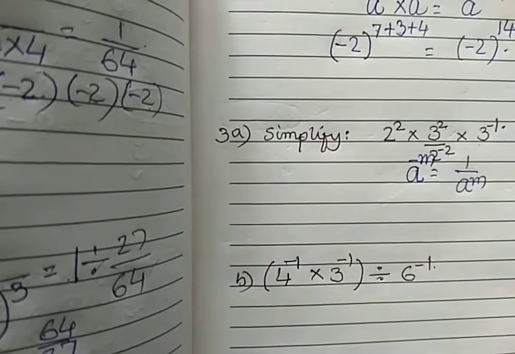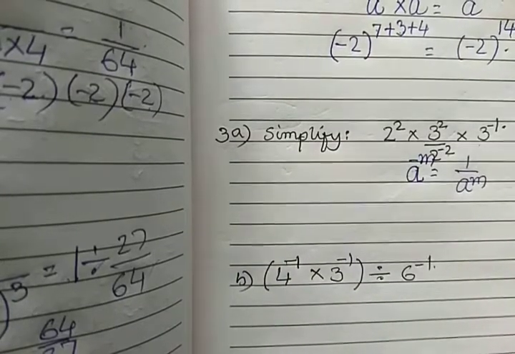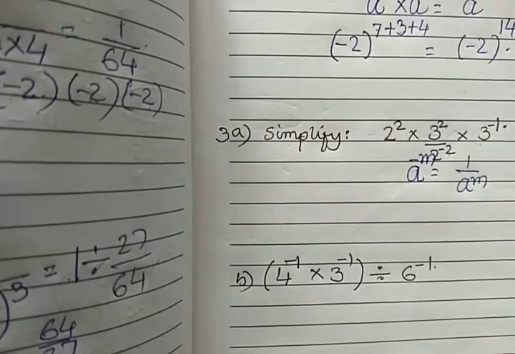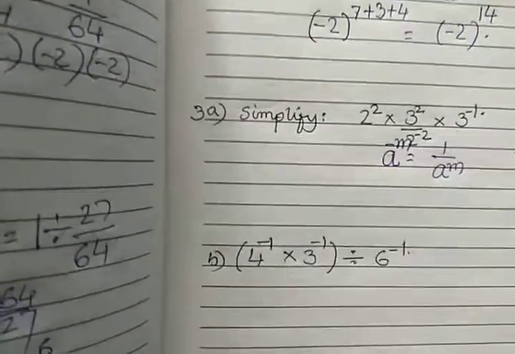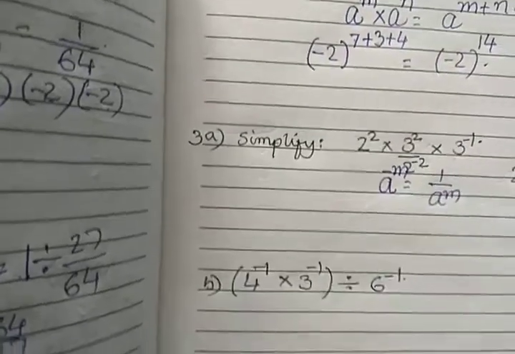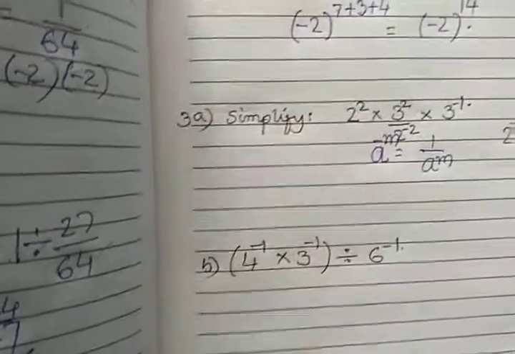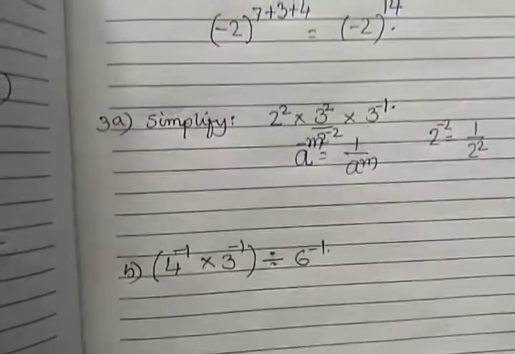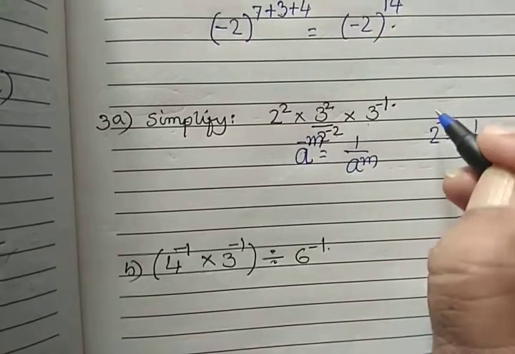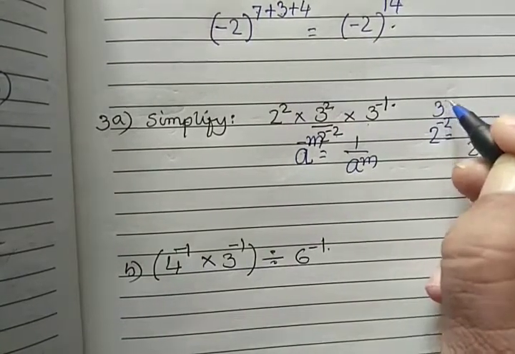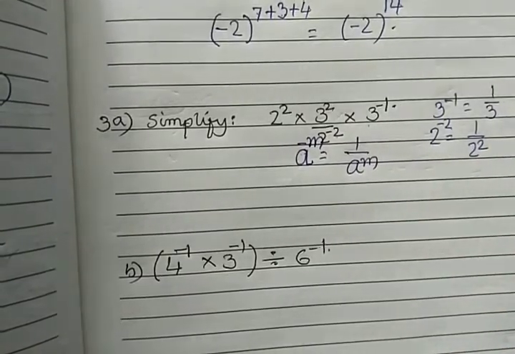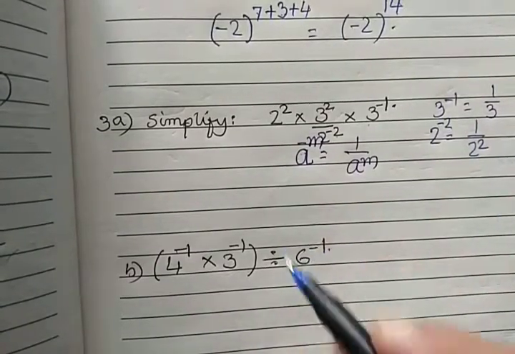So 2 to the power of minus 2 is equal to 1 by 2 square. In the same way, 3 to the power of minus 1 is equal to 1 by 3. So let us replace these things.